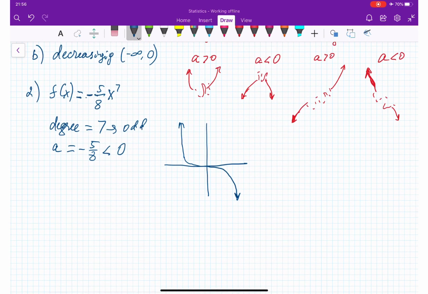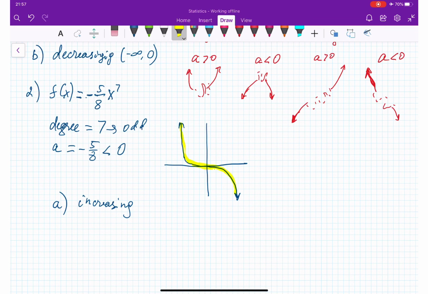Now, A, what do we need to do? It's asking where it is increasing. Let's see. Here it is decreasing, continuing, inflecting here, and then decreasing again.